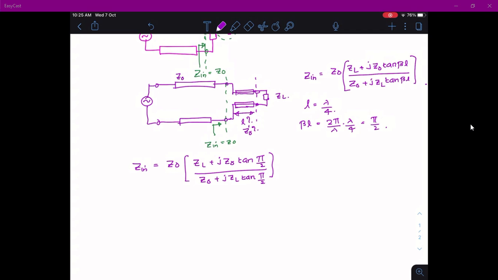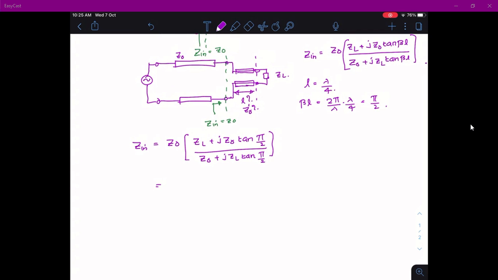Now you know tan π/2 is infinity, so I cannot directly substitute here. So I can take out tan π/2, and write that as Z0 times (ZL by tan π/2 plus jZ0) divided by (Z0 by tan π/2 plus jZL), with tan π/2 outside both numerator and denominator, so this will get cancelled.